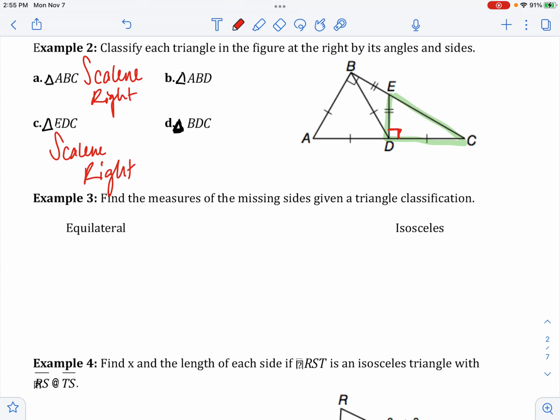And I would encourage you guys to pause the video, see if you can classify ABD and BDC, and then unpause to check your work. All right, so here's ABD. That looks like it is equilateral, which means it must also be equiangular.